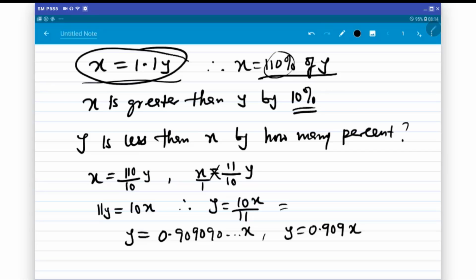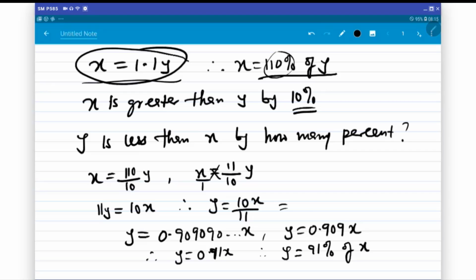Since the decimal is repeating, in this kind of question they will simply want us to approximate. So I can approximate to 0.91x. So that means my y is 91% of x. What does that tell me?